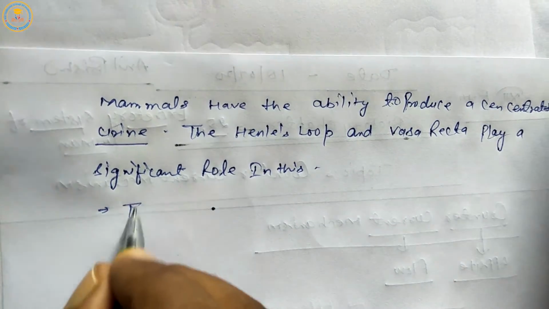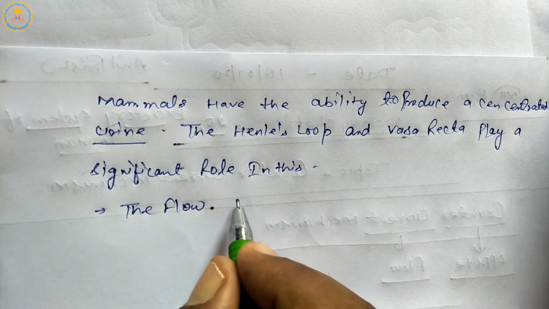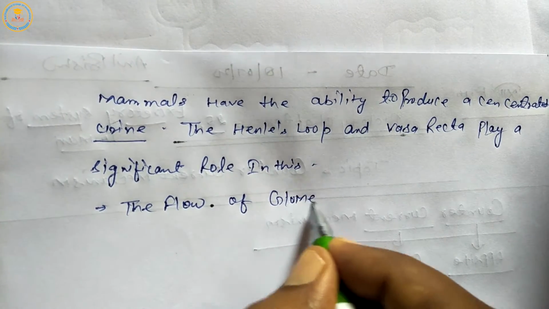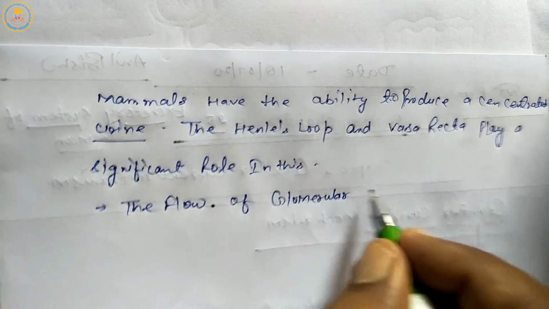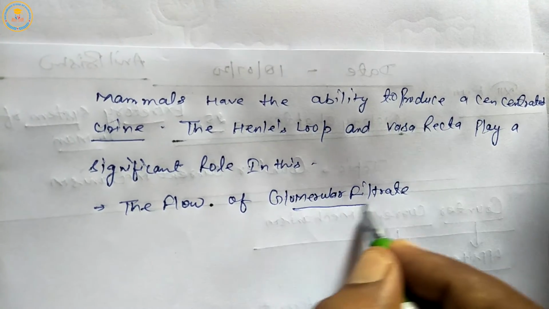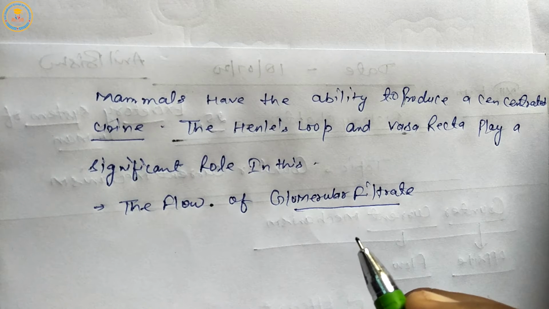Next is the flow of glomerular filtrate, it means filtered part of blood. In glomerular filtrate, some useful and some harmful substances are found.